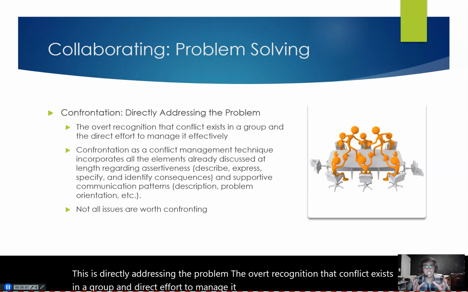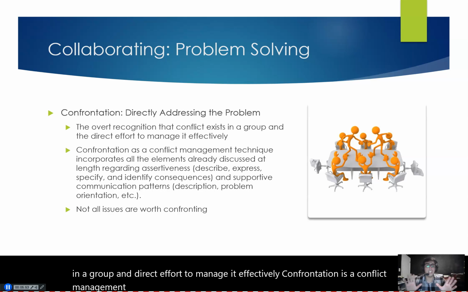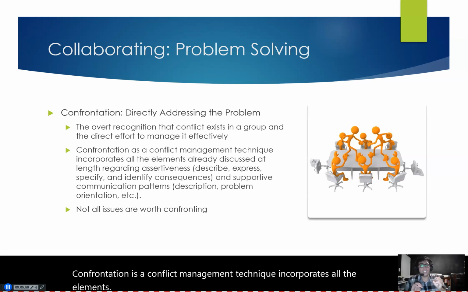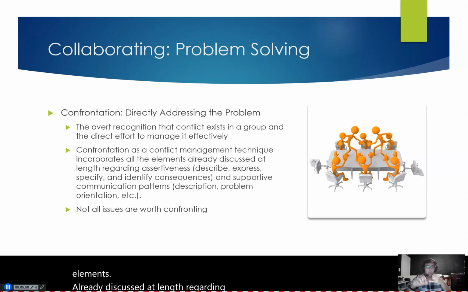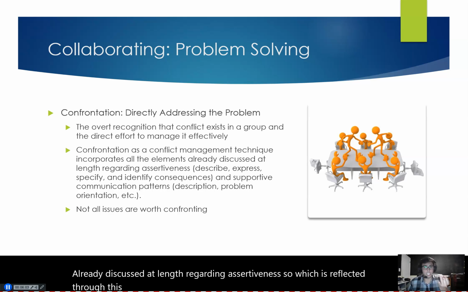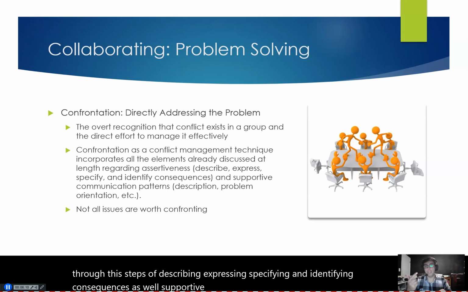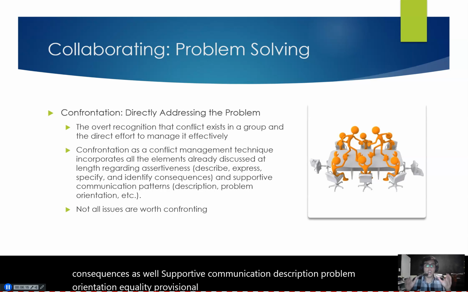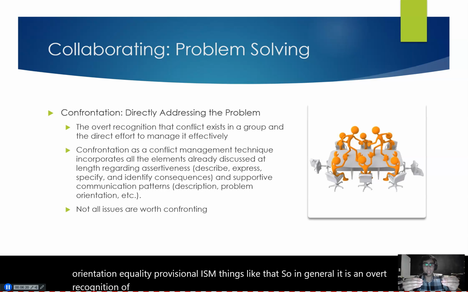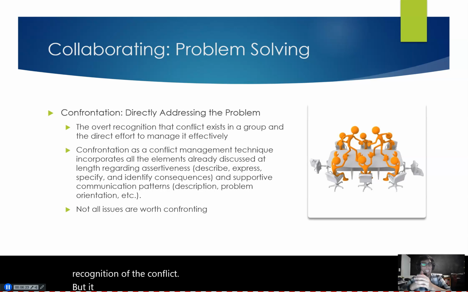Confrontation as a conflict management technique incorporates all the elements already discussed at length regarding assertiveness, which is reflected through the steps of describing, expressing, specifying, and identifying consequences, as well as supportive communication, description, problem orientation, equality, provisionalism, things like that. So in general, it is an overt recognition of the conflict, but it is doing it in a way that is assertive and supportive.